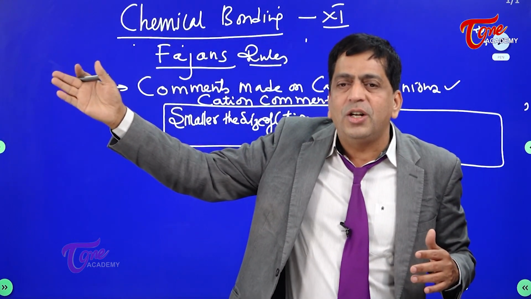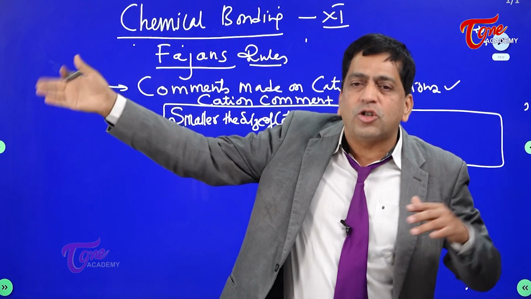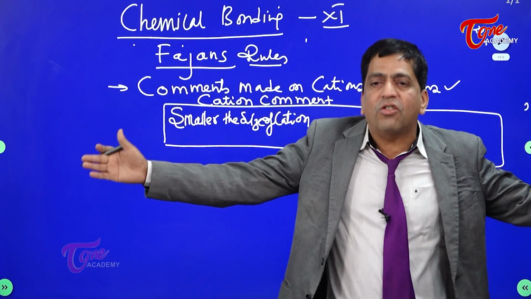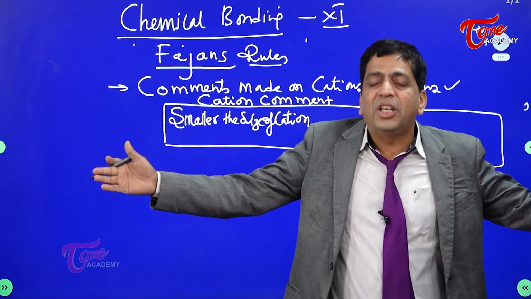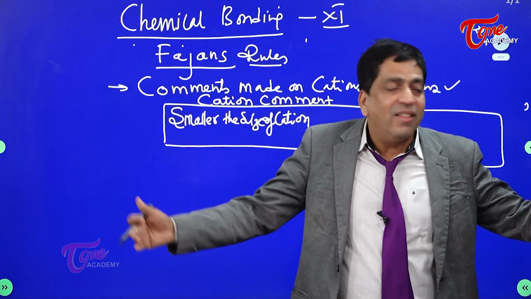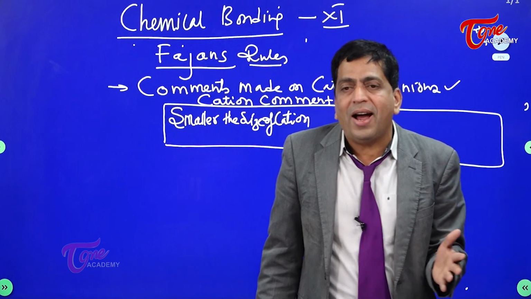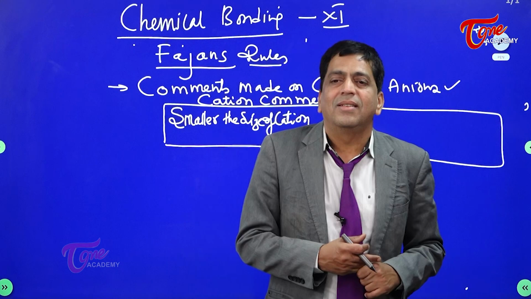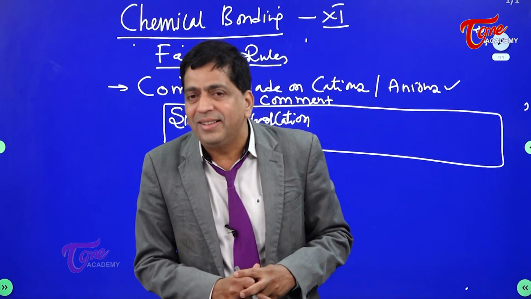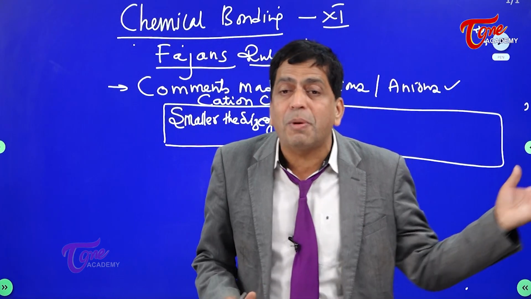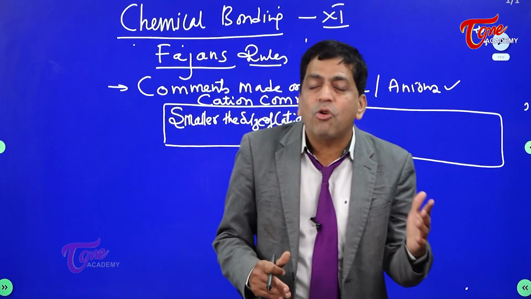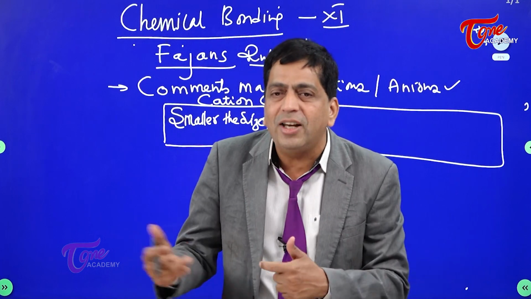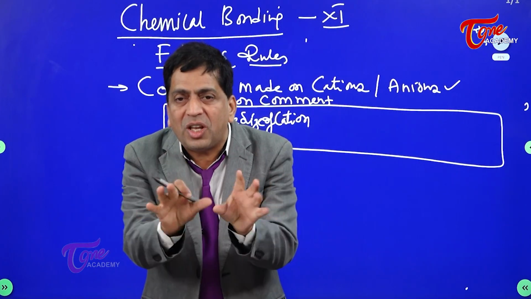Moving from left to right, somewhere in the d block, they seem to be smaller with respect to the period. So the smaller cations are not to the left, they are to the right.